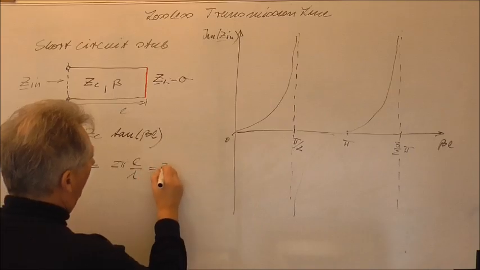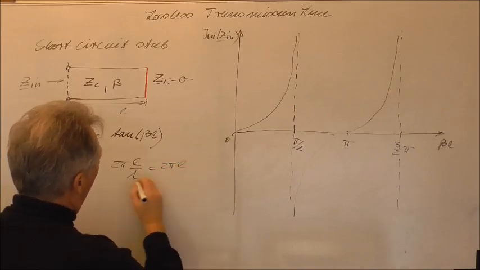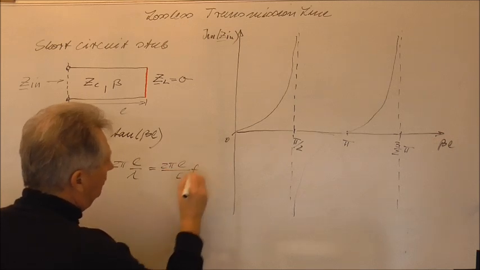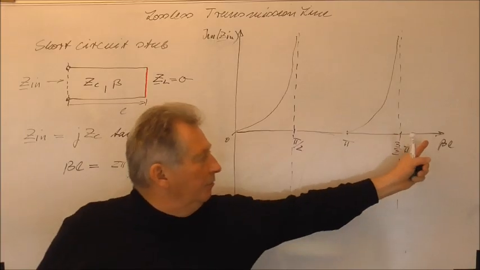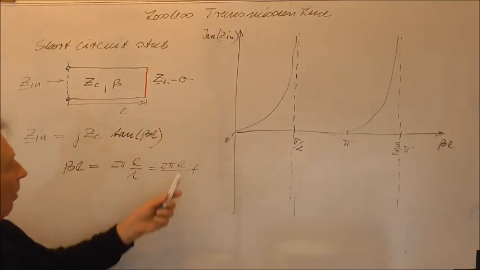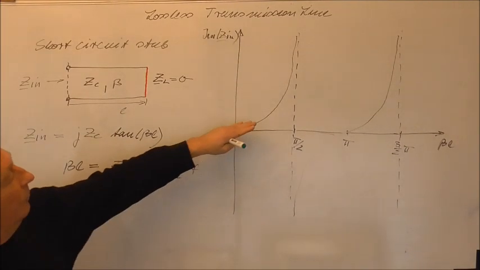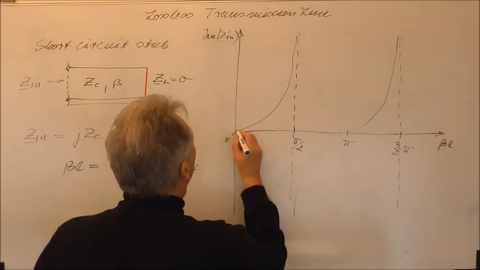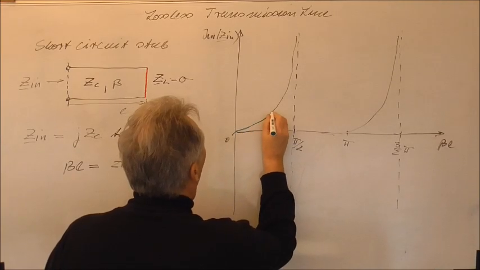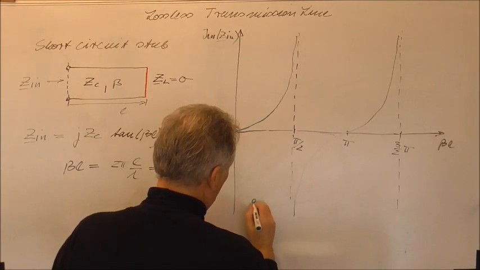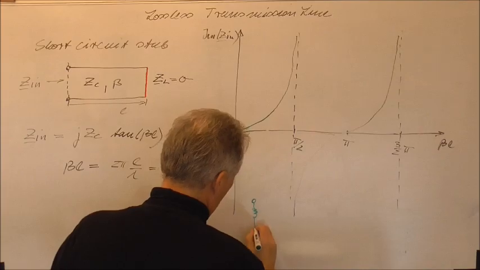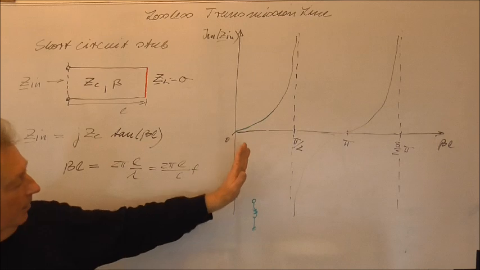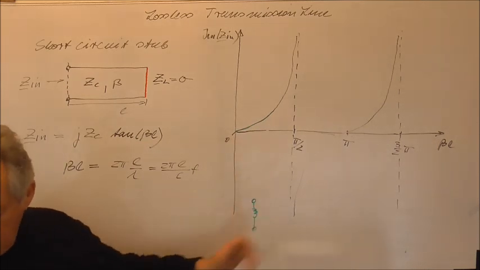This is 2 pi L, and lambda is nothing else but C times F. So this is also in principle the frequency axis. So for low frequencies we have a positive imaginary part. So for low frequencies you can realize in principle an inductance with the help of a short circuit stub, or we can say for low frequencies it behaves like an inductance.